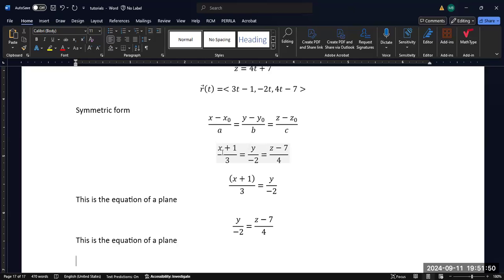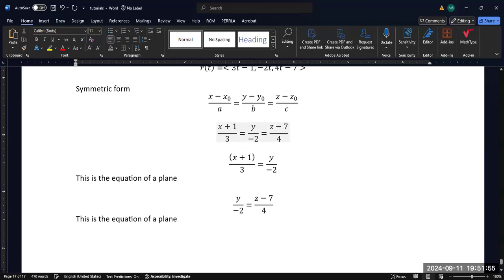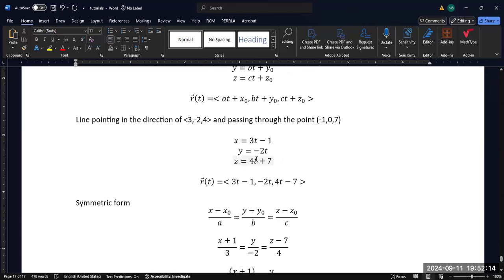Now, this form of the symmetric equation in particular becomes a problem if one of the slopes is 0. Well, if the direction vector contains a 0, nothing changes about the equations in parametric form.